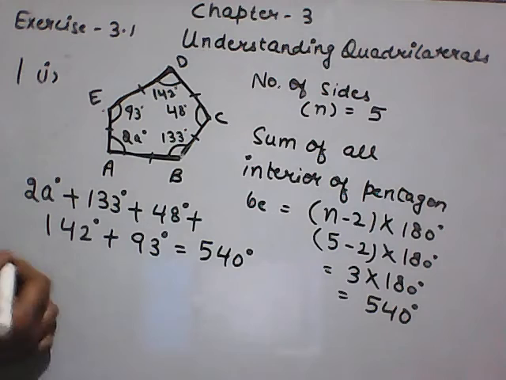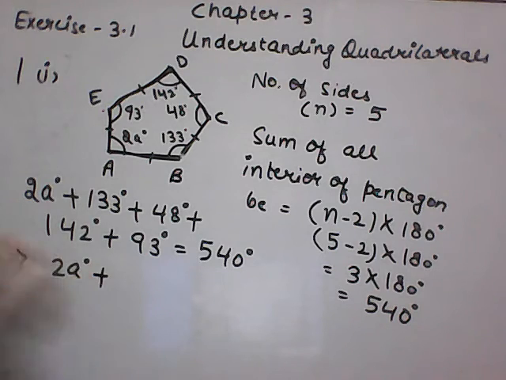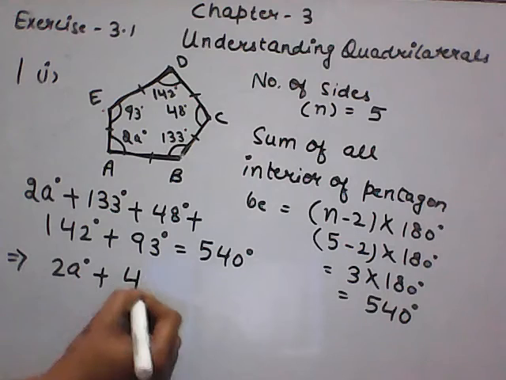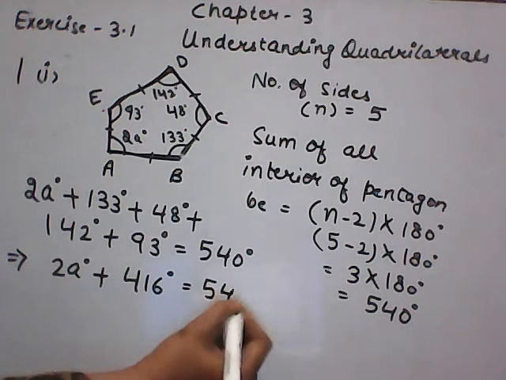Now you can solve: 2A degrees plus 133 plus 48 plus 142 plus 93 is 416 degrees, that equals 540.